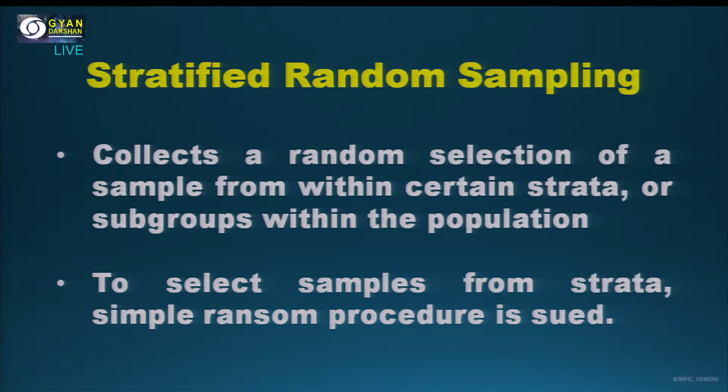When you are selecting 10 students, from the 50 male group you will select 5, and for that you will again make use of the simple random sampling method. So in general, the sampling technique will be stratified random.